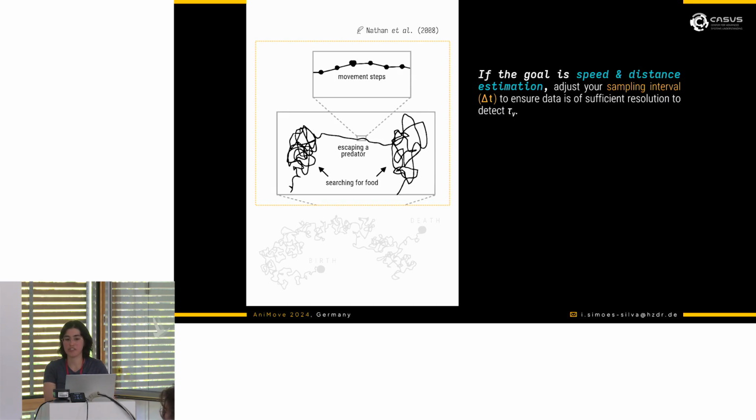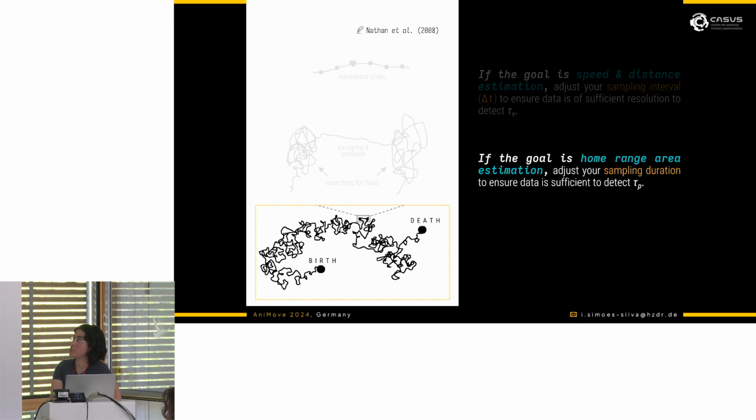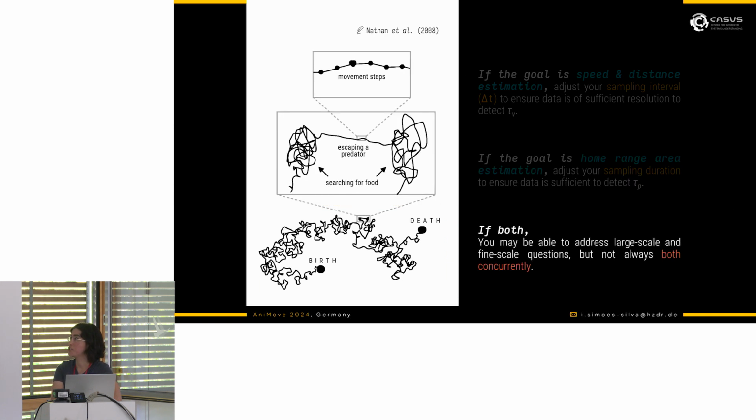But yeah, this is just a general recommendation. Again, if the goal is speed and distance, you're looking at fine scale, you just adjust your sampling interval to ensure it is of sufficient resolution to detect this velocity autocorrelation. If your goal is home range area estimation, you adjust the sampling duration until you can detect these position autocorrelation parameters enough times to have a good effective sample size.